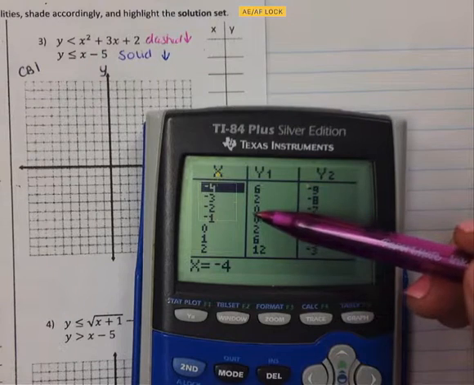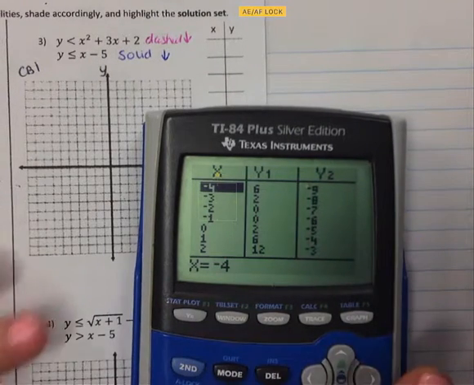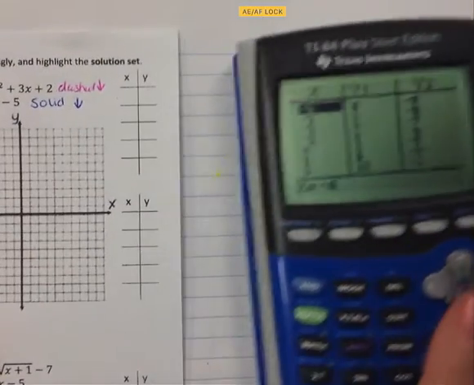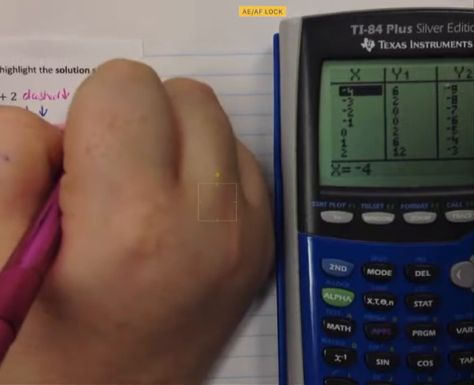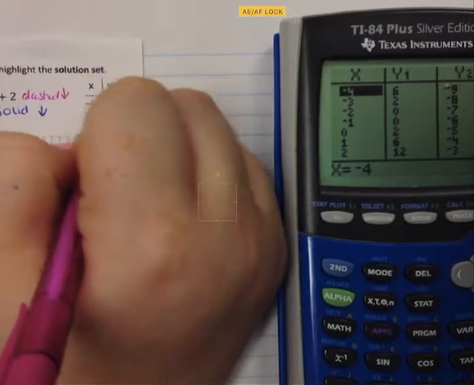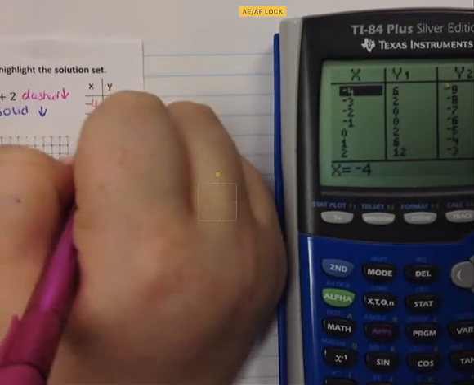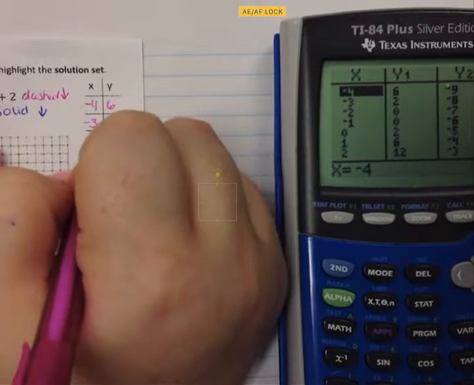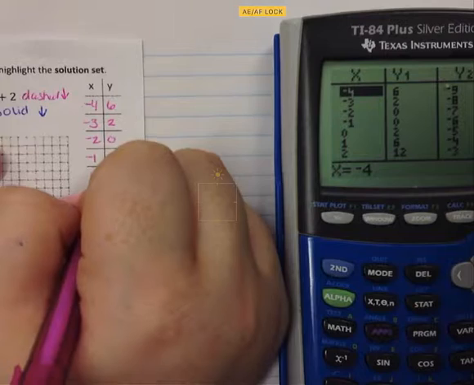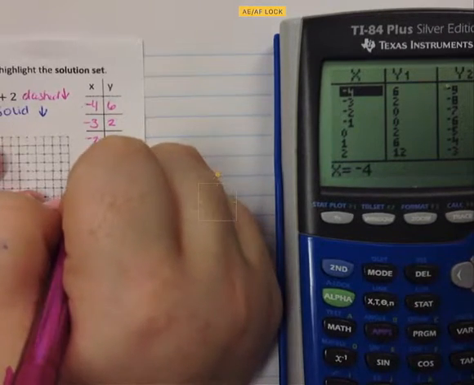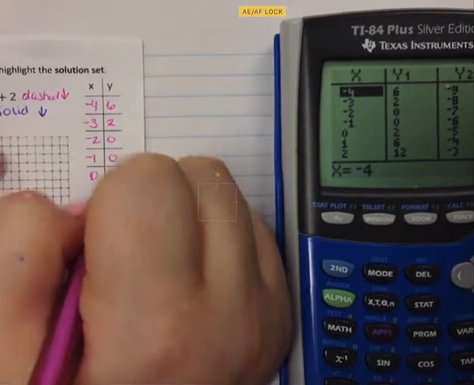That means our vertex is somewhere in the middle of those. So we can use these coordinates. Negative 4, 6. Negative 3, 2. Negative 2, 0. Negative 1, 0. Oh, sorry, 0, 2. 0, 2, and then 1, 6.